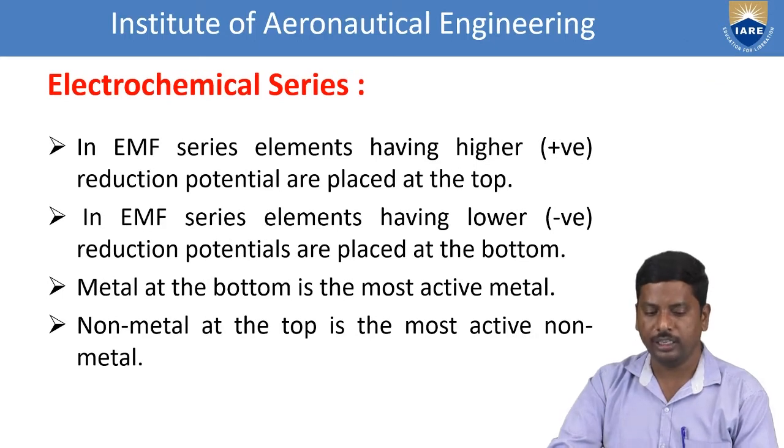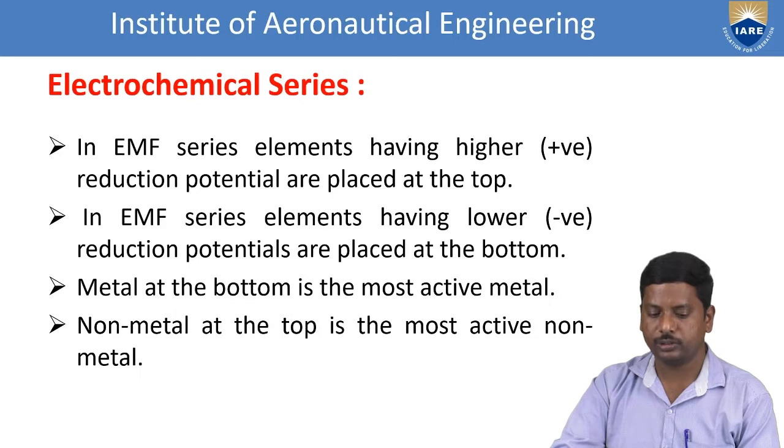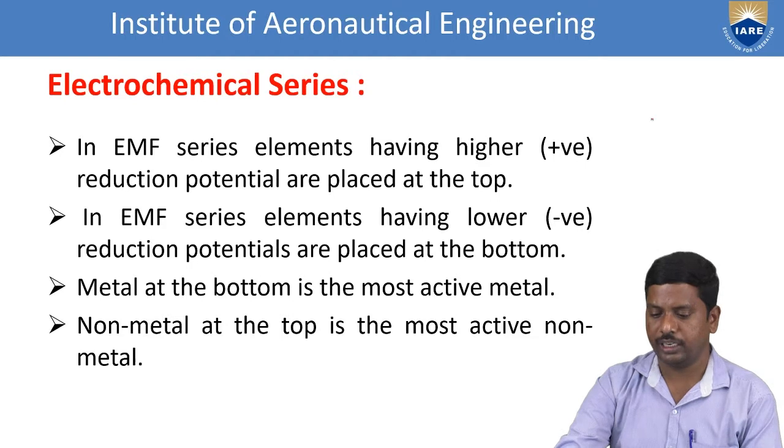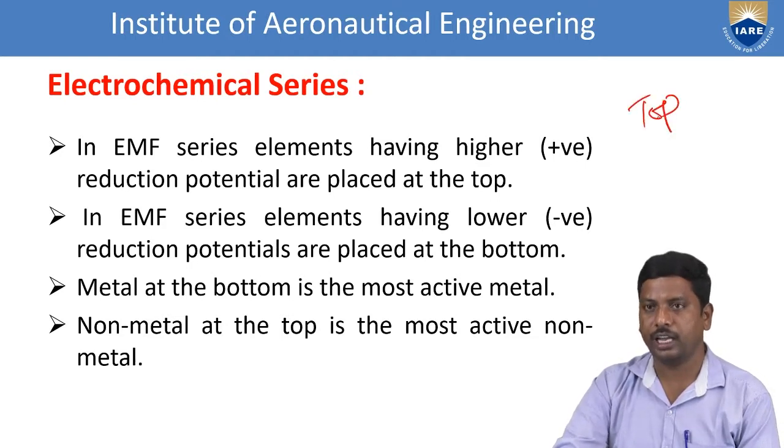And what are the features of the electrochemical series? In the EMF series, the elements having the higher positive reduction potentials are placed at the top, and the elements having the lower, that means negative, reduction potentials are placed at the bottom.